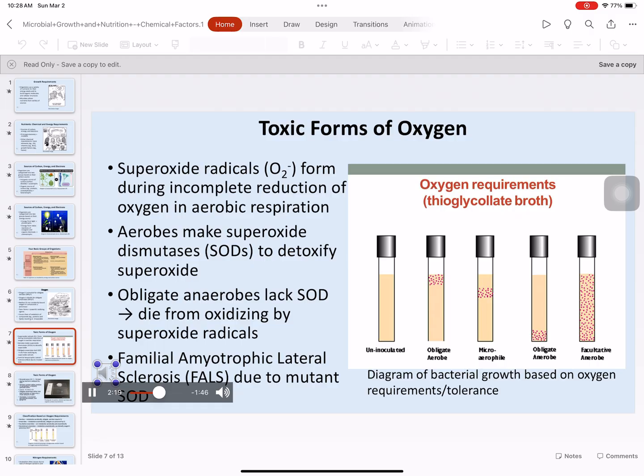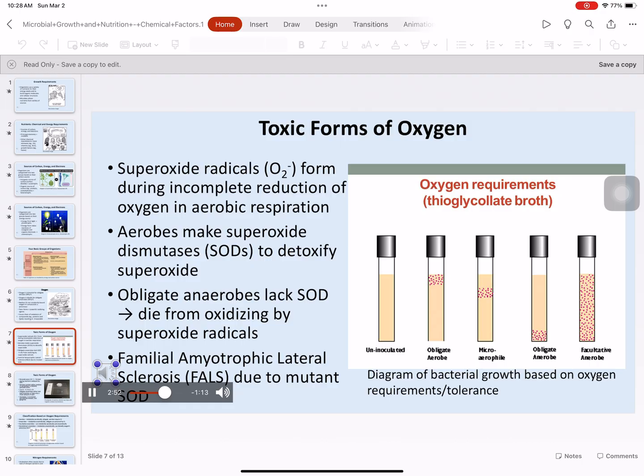However, not all organisms get to have superoxide dismutases, and obligate anaerobes lack the superoxide dismutase. And so what happens is that these superoxide radicals, which are all over the place, oxidize their compounds and kill the obligate anaerobes because they can't detoxify this.